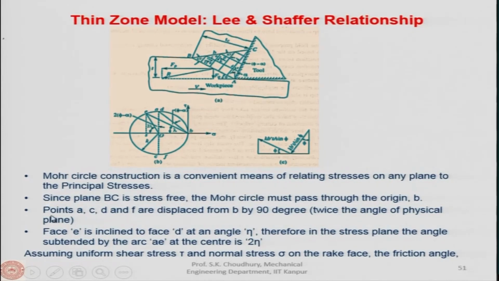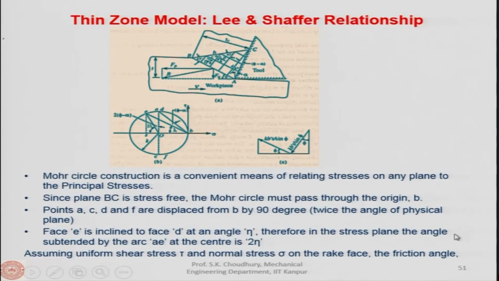Therefore, face E, which is the rake face, is inclined from D, where D is perpendicular to AB, and that angle, phi minus alpha, we are calling nu.